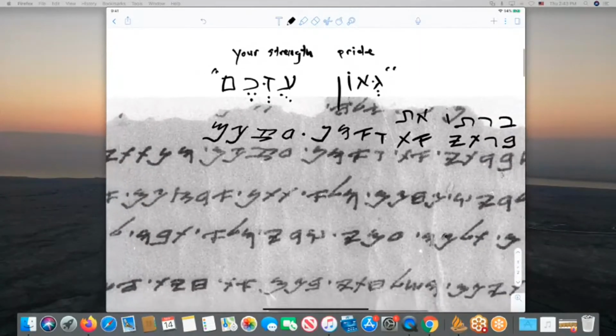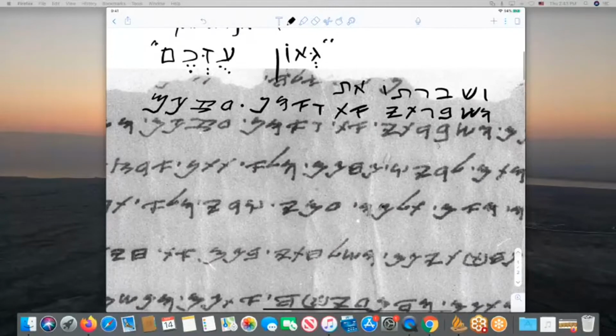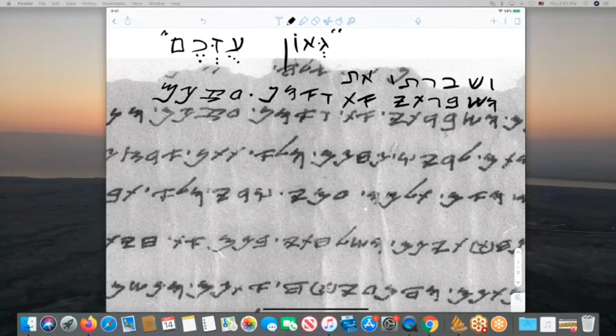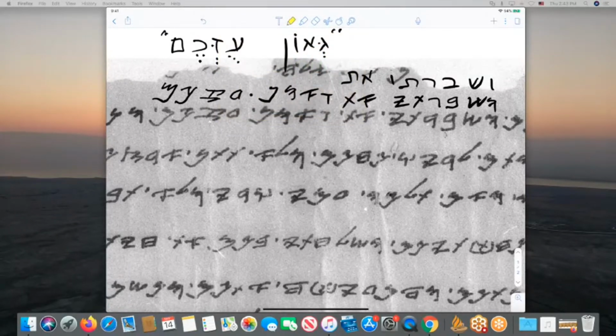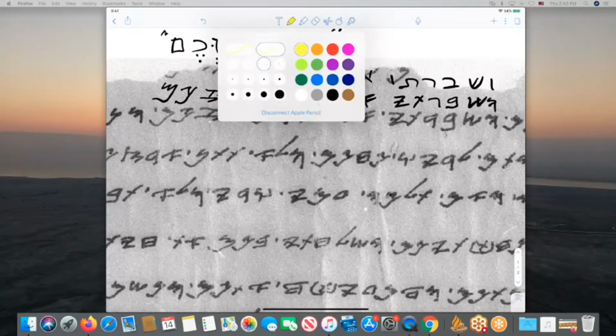So again, one of the neat features here we learn from the Hebrew writing is that we have some letters that we don't often see. We see a gimel and a zayin. A lot of the other letters are more frequent, but the gimel and the zayin here are nice to pause and point out.